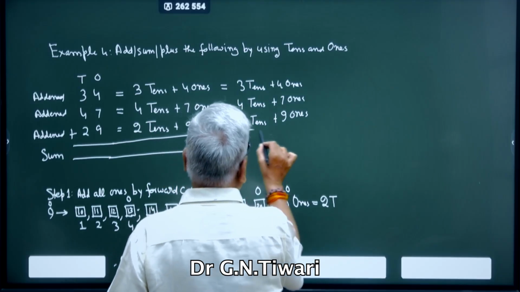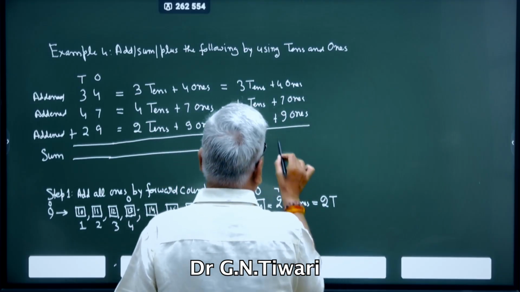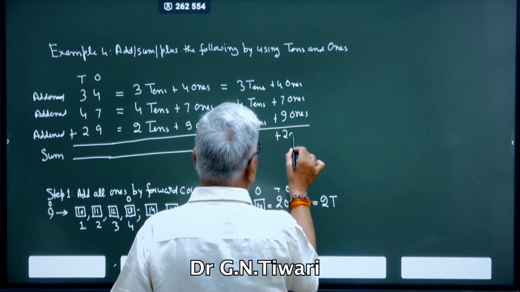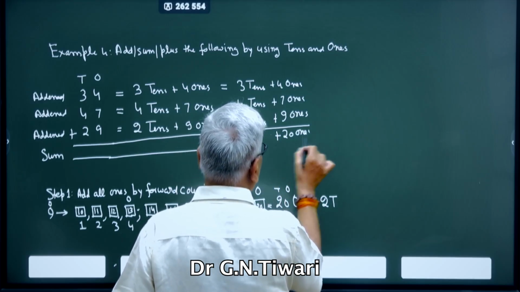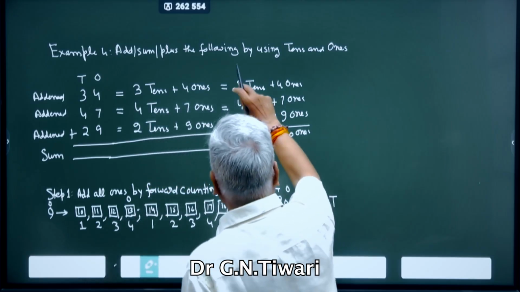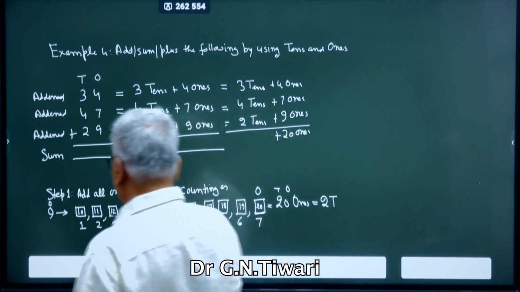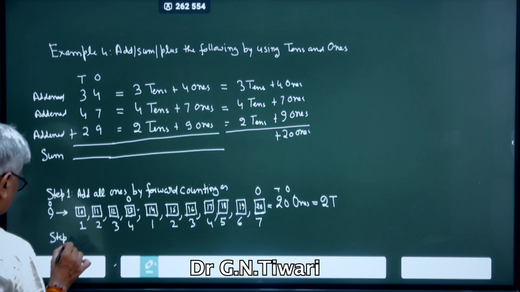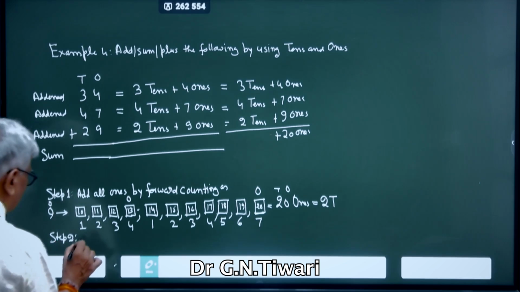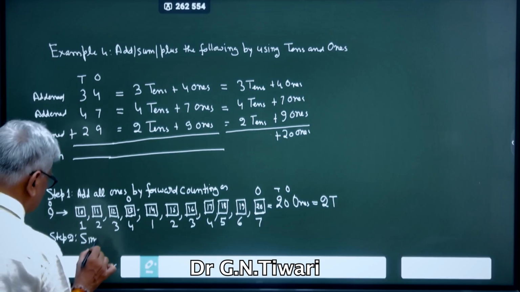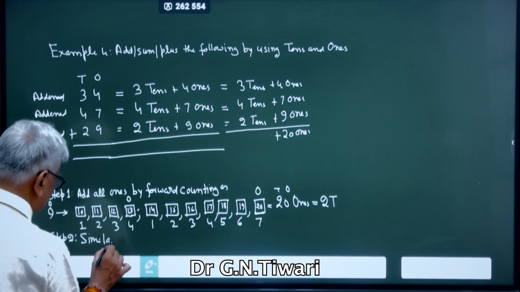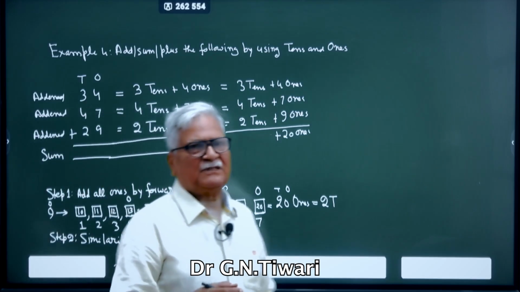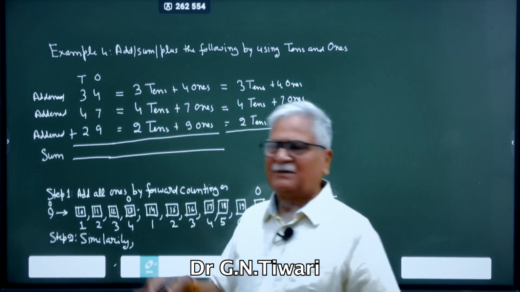Just see here. So how many ones? Plus 20 ones. Then again you have to add this one. Similarly, step 2. The meaning of similarly should be told to the student: that the previous method should be adopted.